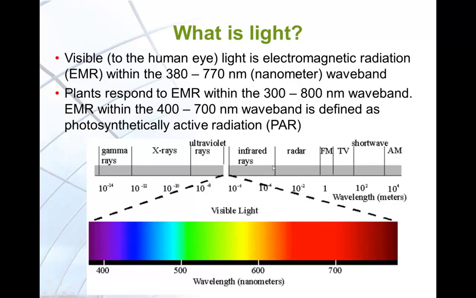So those are also electromagnetic radiation. But again, visible light is from 380 to 770. Starting with very dark purple, going into blue, going into green, yellow, orange, red, and dark red, and finally you can't see. So that's the visible radiation or light.